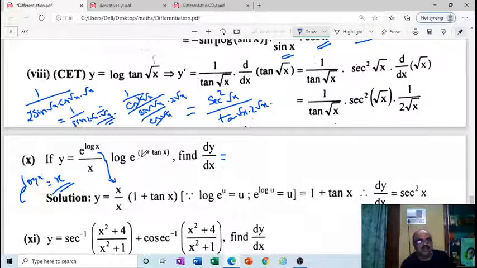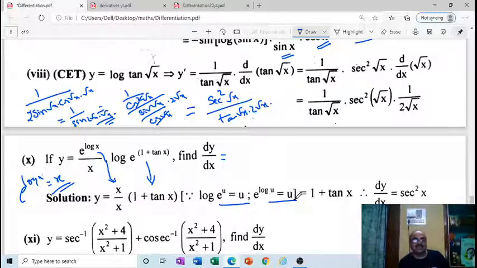Similarly, log of e power 1 plus tan x will be just 1 plus tan x, because log e power u is u and e power log u is also u.